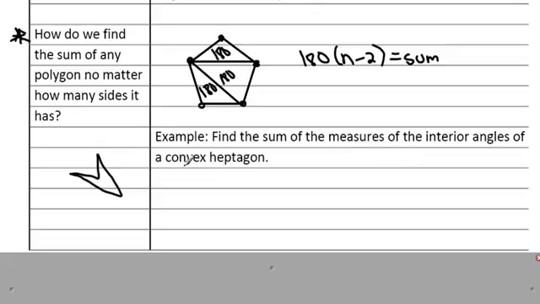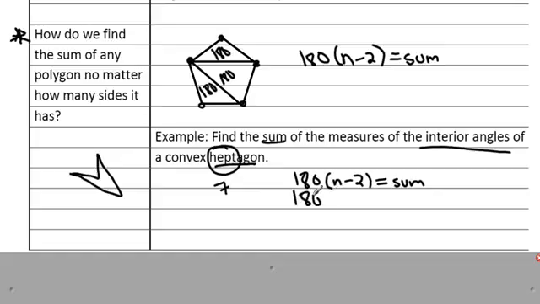So if it's a heptagon and we want to find the sum of the interior angles, that's going to be 180 times n minus 2, and n is a heptagon, and a heptagon has 7 sides.